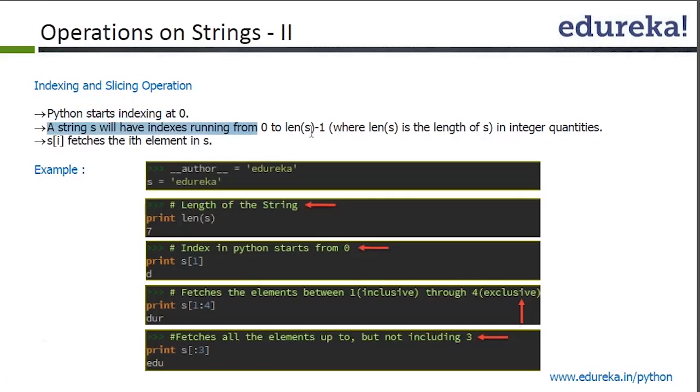So a string S will have an index running from 0 to length minus 1. For example, Edureka: 0, 1, 2, 3, 4, 5, 6. The index will go from 0 to 6, the length will be 7, and if you have to print this, you can say 0 to 7, or you can just say colon and then give 7. It will print everything.